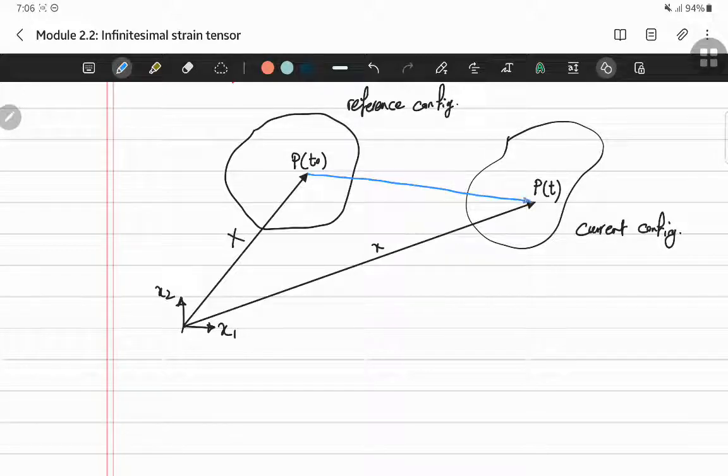this vector here, which is u, and can be described both in material as well as a spatial coordinate system, is basically the displacement vector here, or the displacement field here.